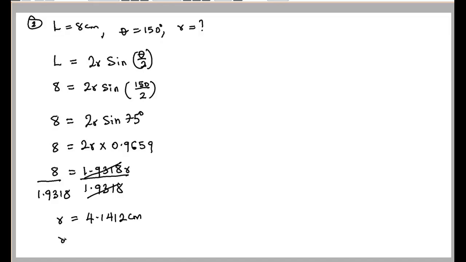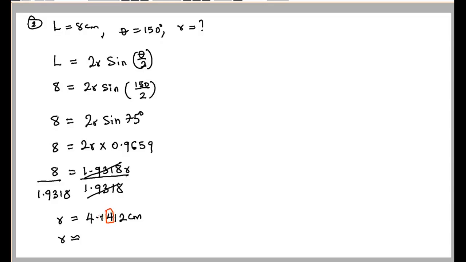So let me approximate to 2 decimal places, or you can approximate to 1 decimal place. The first decimal place here is 1, and the second decimal place here is 4. So this is my target, 4.